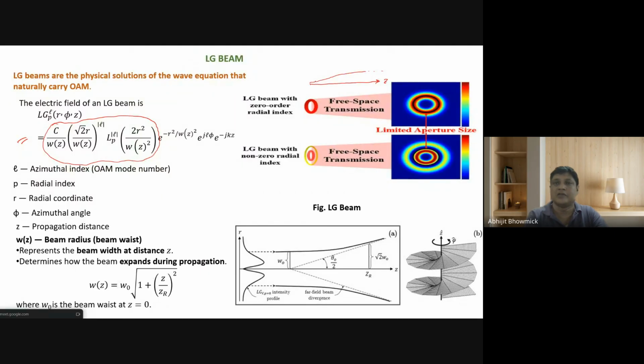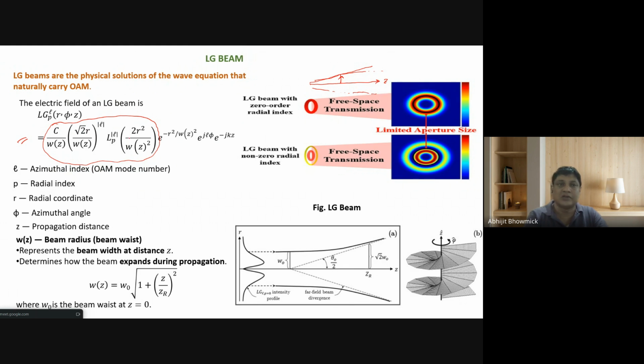When it propagates, it diverges. So one is the Z direction, another is the radial direction. The intensity varies in both directions: along the Z direction in which it is propagating, as well as the radial direction in which it is diverging.